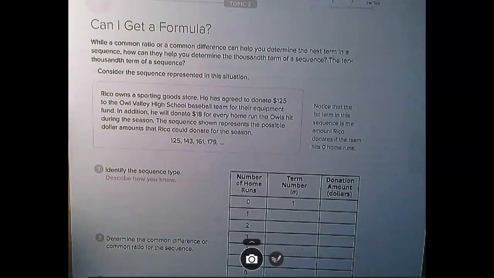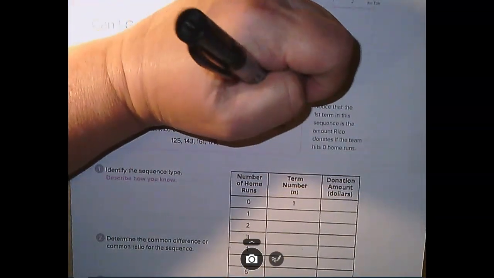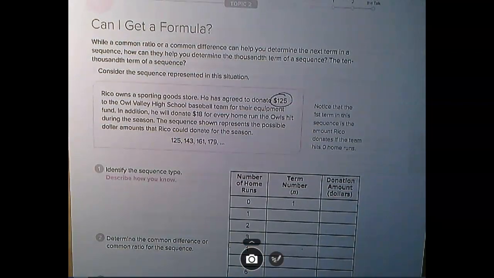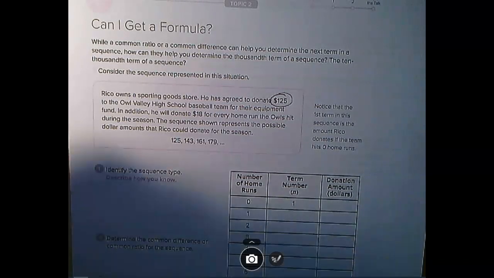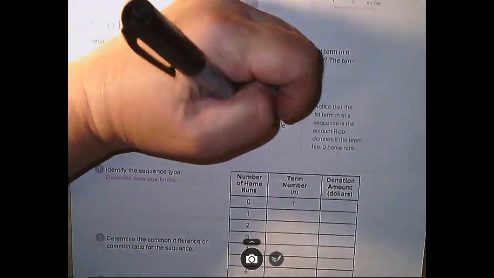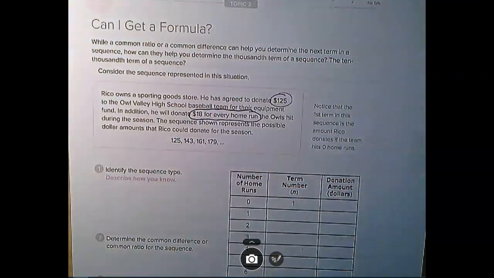Now we have a scenario. So the scenario on page 108 is that Rico is sponsoring a baseball team, and he's agreed to donate $125 to the team. In addition, he will donate $18 each time the team makes a home run. And that's this information right here.